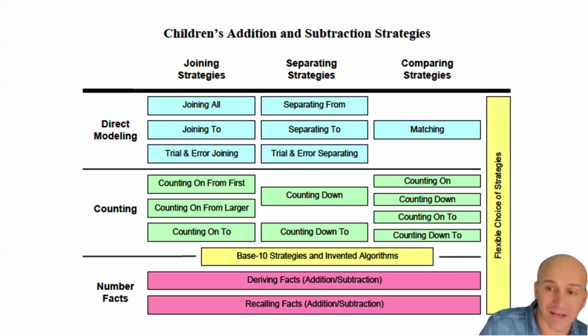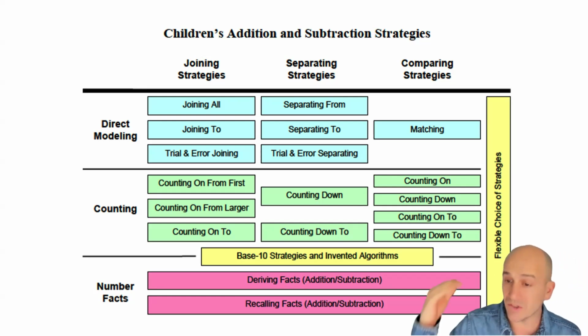And then along this side, you'll see that there's this idea of flexible choice of strategies. Sometimes, even though certain strategies are a little bit less sophisticated than those down at the bottom, a flexible choice might be important.